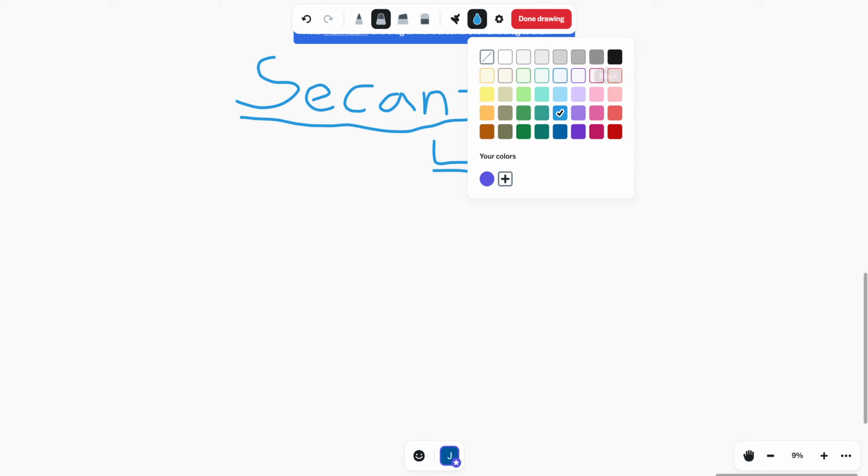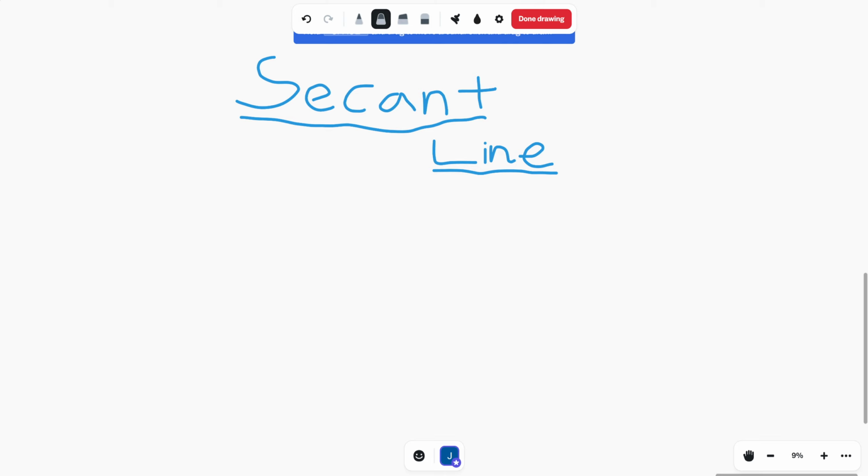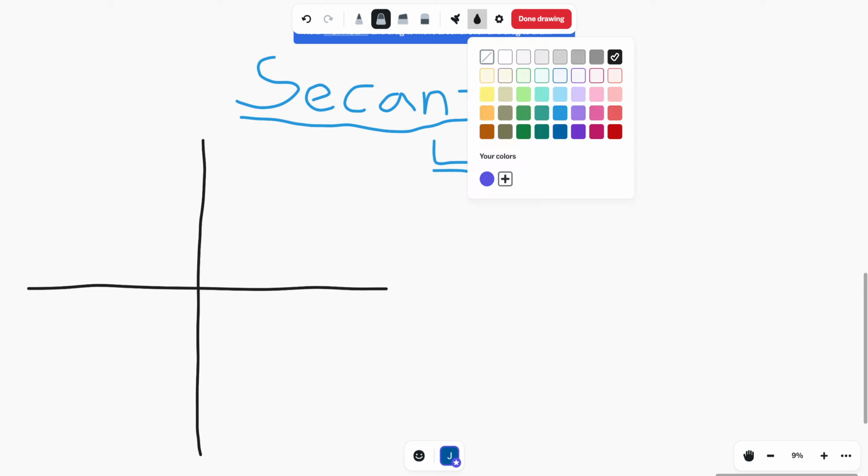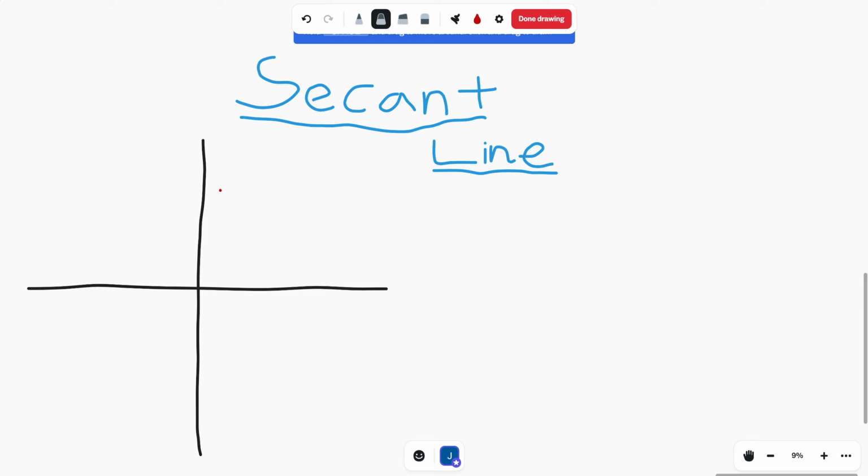So, for the secant line, say we have a graph. And for a graph, say we have a circle. Let's do the circle in red. This is our circle.